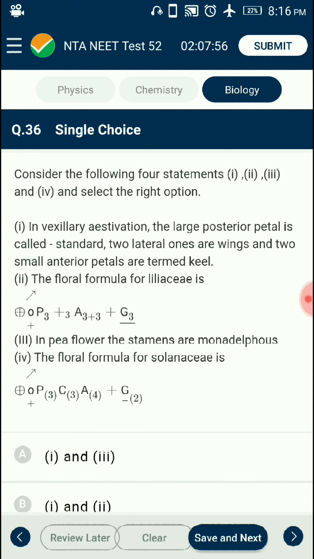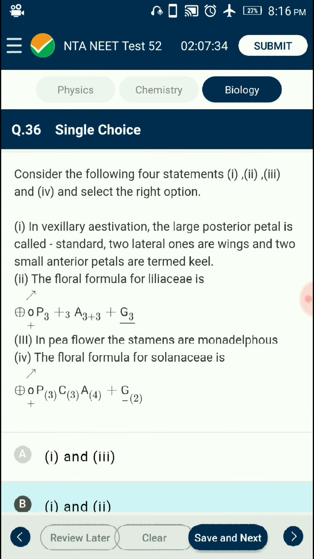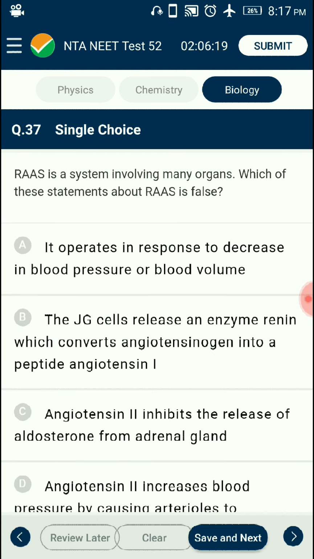The general characters of the Liliaceae family are that the flowers are bracteate, bisexual, complete, actinomorphic, hypogynous and trimerous, and in some plants may be epipetalous. They have polyandrous androecium and superior ovary. So the answer for this question is option B. From the given four statements, statements 1 and 2 are the right options.